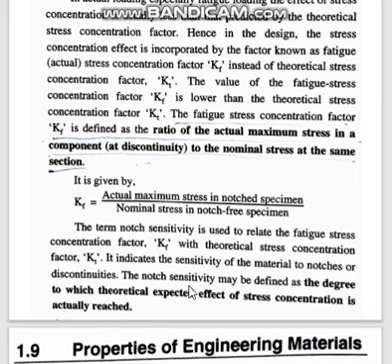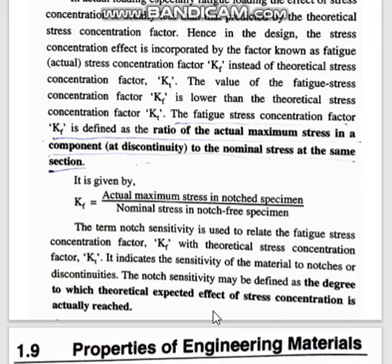Again, the definition of notch sensitivity, sometimes they may ask you to define notch sensitivity. So here is the definition. Notch sensitivity is defined as the degree to which the theoretical effect of stress concentration is actually reached. That means, as we said, KT is more, KF is less. KF means the actual stress concentration factor.